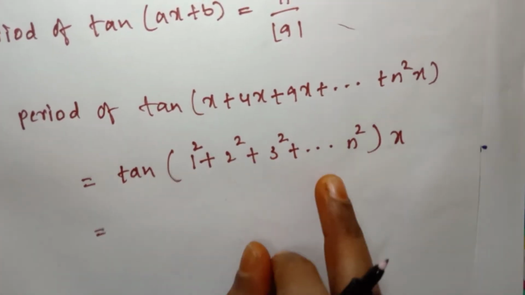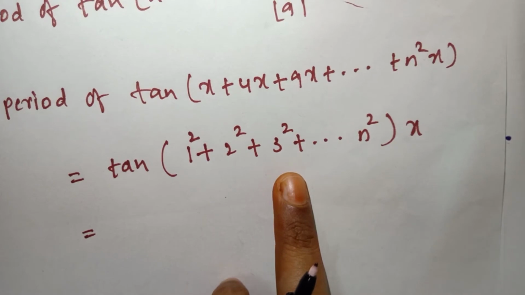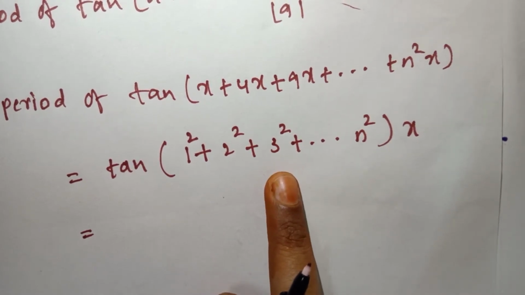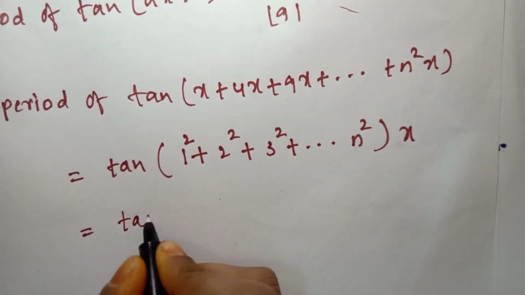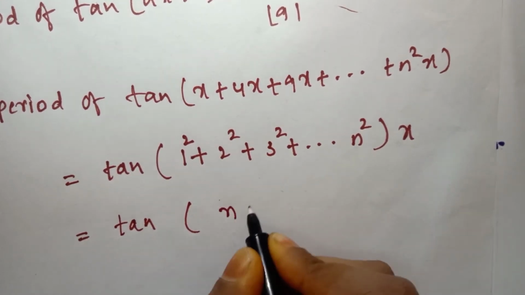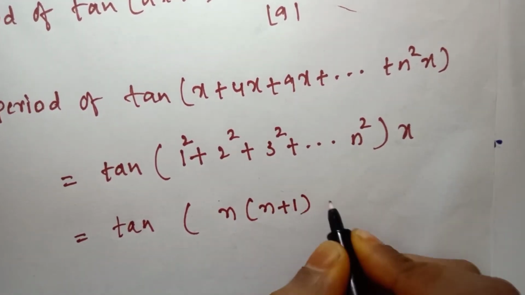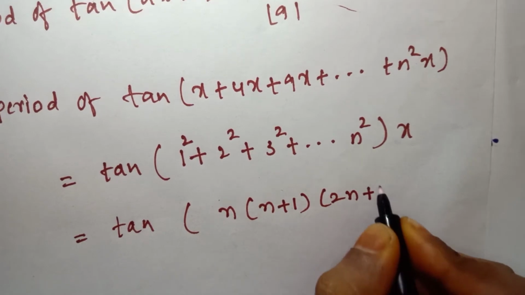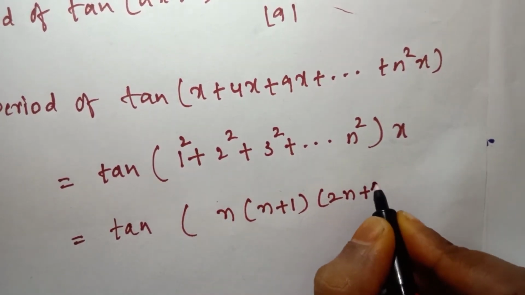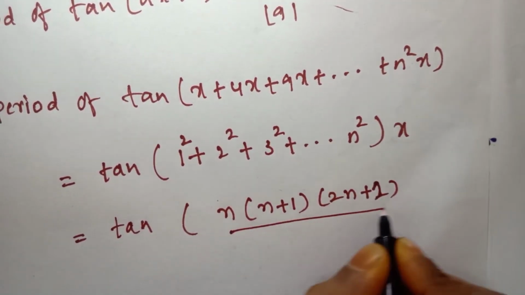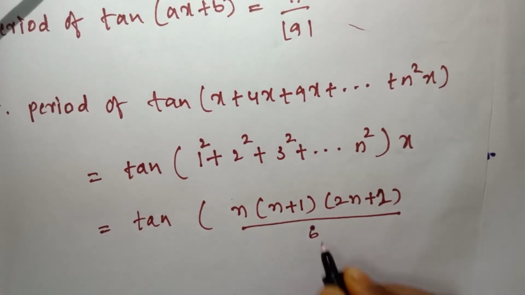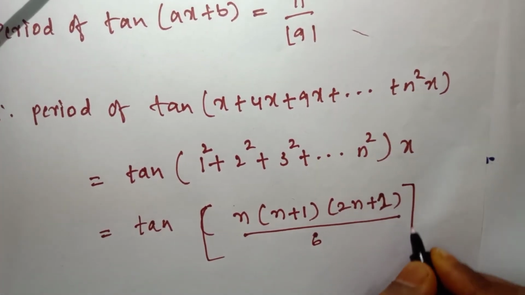This is in the form of the sum of squares of the first n natural numbers. The formula is n(n+1)(2n+1)/6, times x.